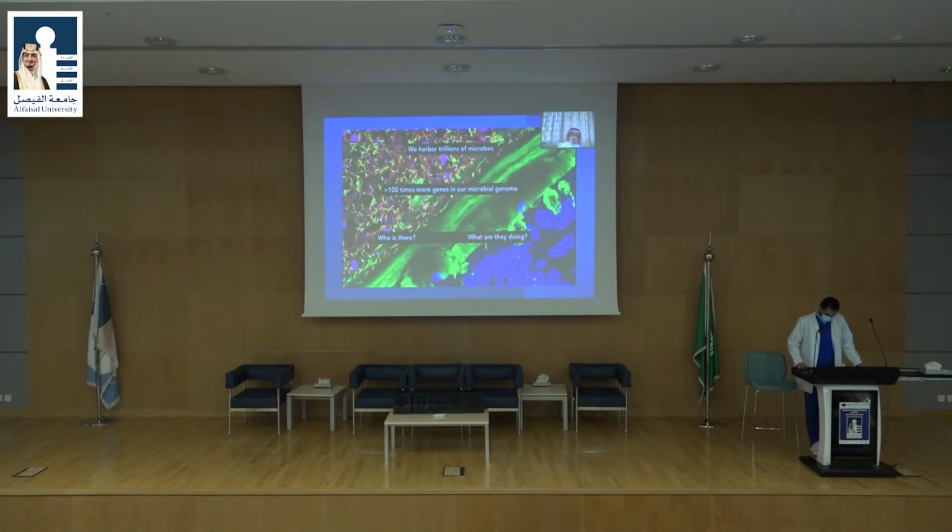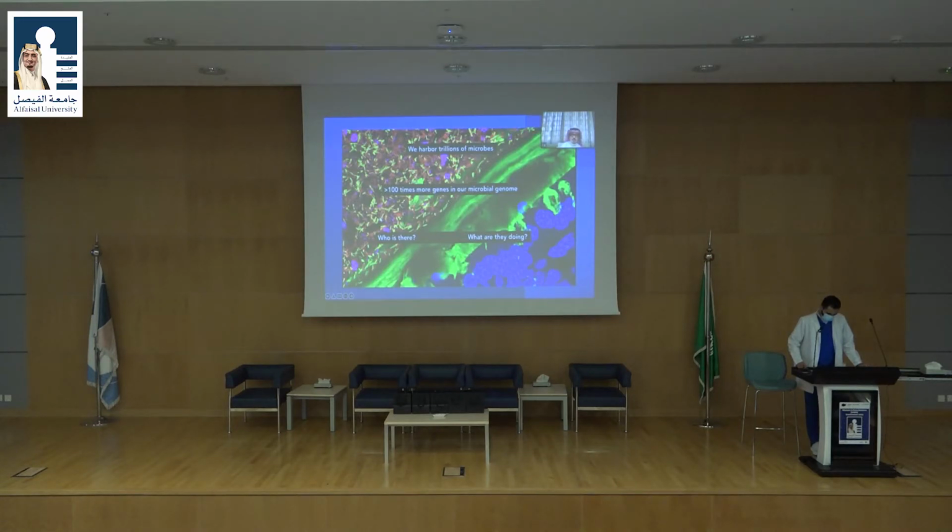Here's the electron microscope picture of a small piece of the gut. You can see here these are the microbes, a huge collection of microbes, separated by a layer of mucus from the cells, the epithelium of the gut. And here are the Peyer's patches and the lymphatic system and neuronal system of the gut.